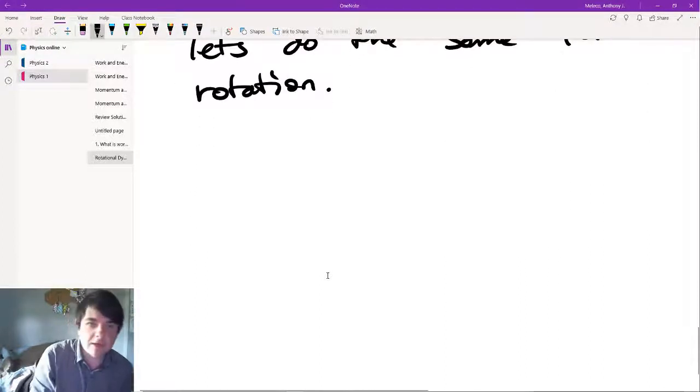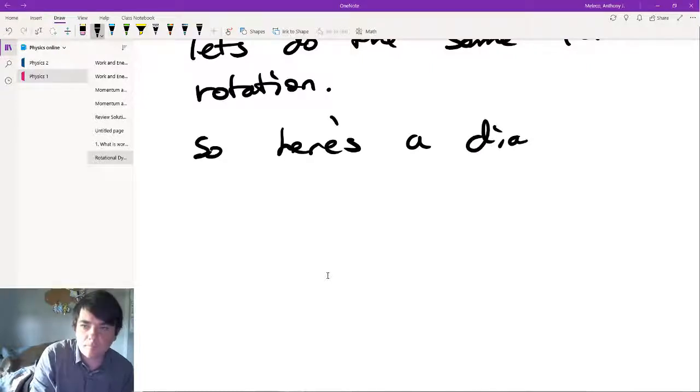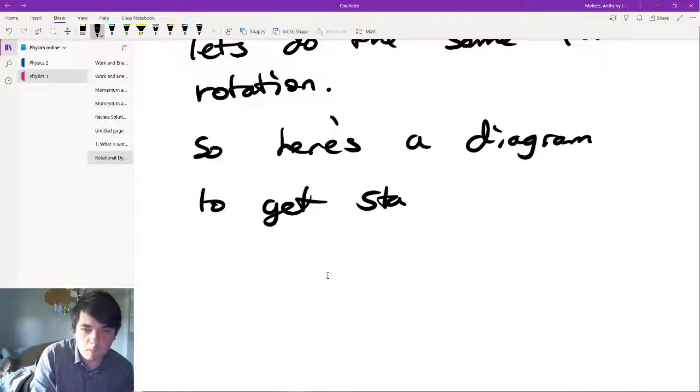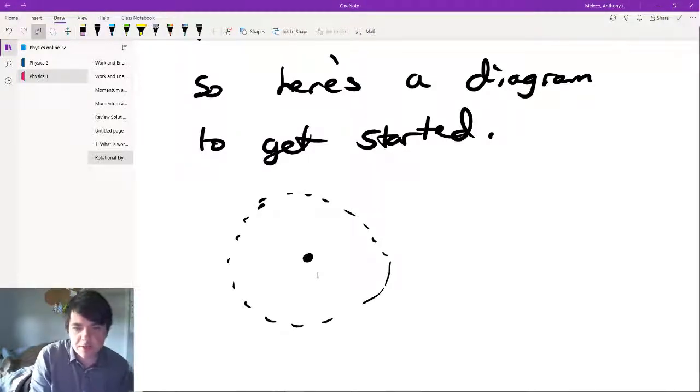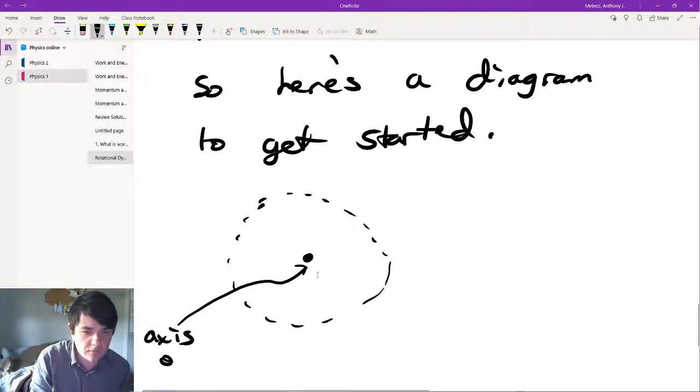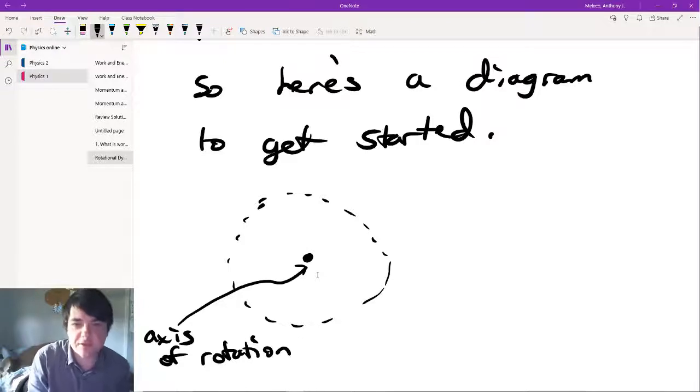To do this, here's a diagram to get started. You're going to need the axis of rotation, so this is our axis of rotation. Pretend that this is a good circle.